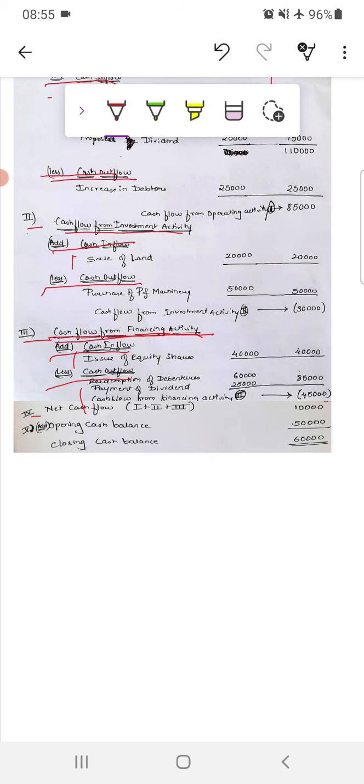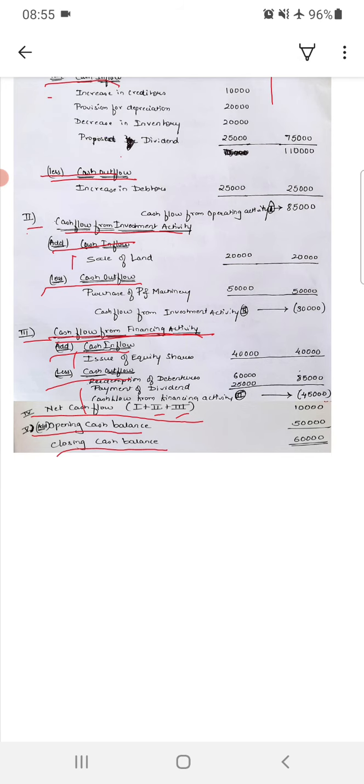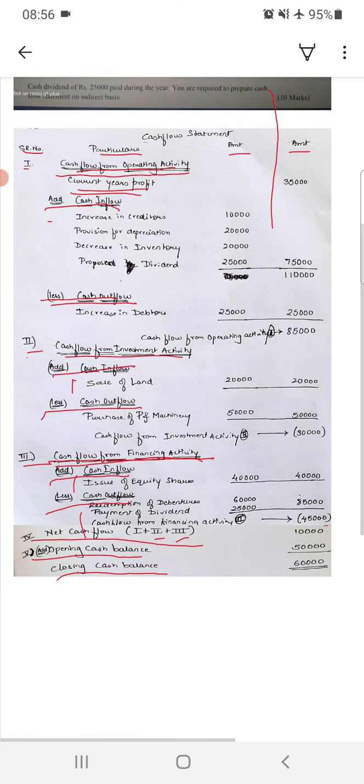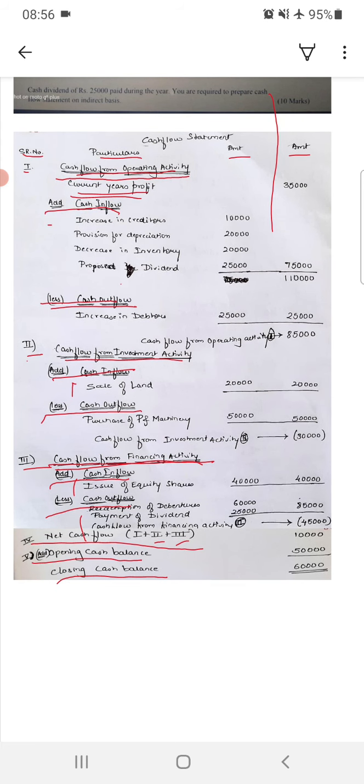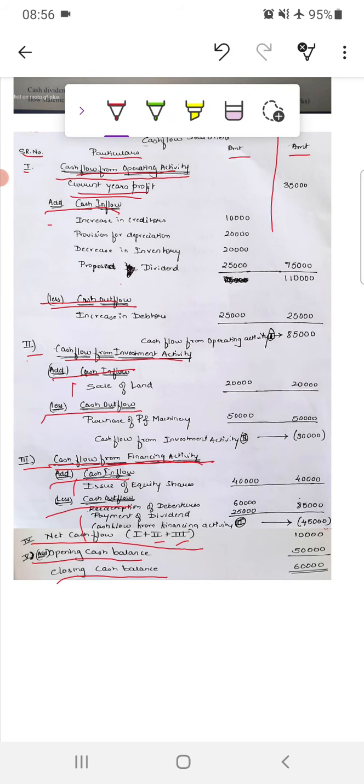Then your fourth part is net cash flow, that is 1 plus 2 plus 3, that is cash flow from operating activity, cash flow from investment activity, and cash flow from financing activity. Then write down the fifth one, add opening cash balance and the final would be closing cash balance. So keep this format ready. Once this format is ready, then you can just go on inserting the various values that are there.